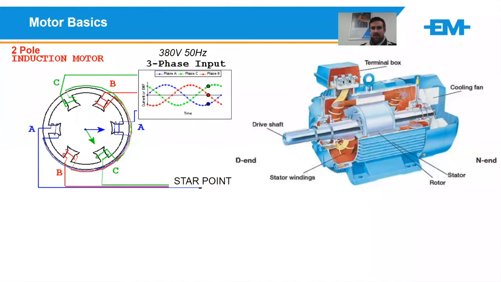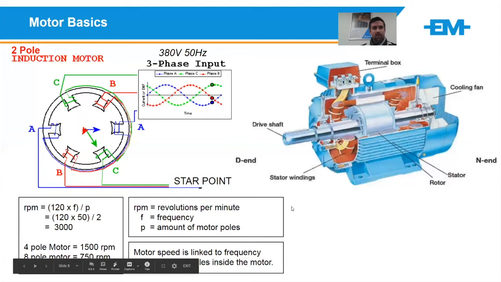I always like to start at the beginning, just so we make sure we're all on the same page. So a little bit of motor basics before we get into drives. You can see by the animation, it's one of my favorites, how the field and vectors pull the rotor around the stator of the actual motor. So as your phases rotate, that induces the force on the rotor to follow that phase rotation.